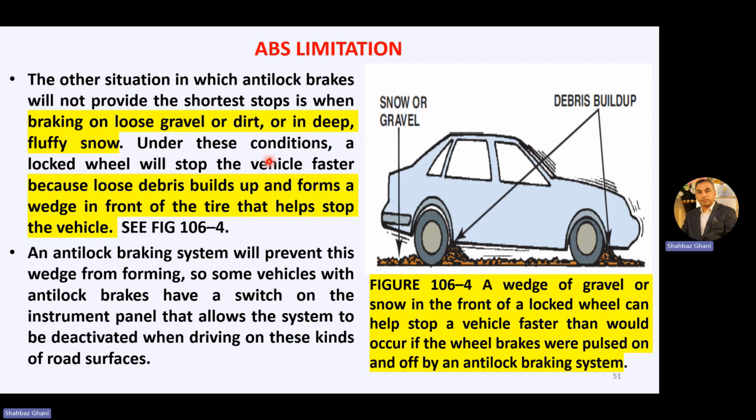Under these conditions, a locked wheel will stop the vehicle faster because loose debris builds up and forms a wedge in front of the tire that helps stop the vehicle. The loose debris in front of the front and rear wheels forms a wedge, which helps stop the vehicle. An anti-lock braking system will prevent this wedge from forming. So when we have an anti-lock braking system, this wedge will not be formed.